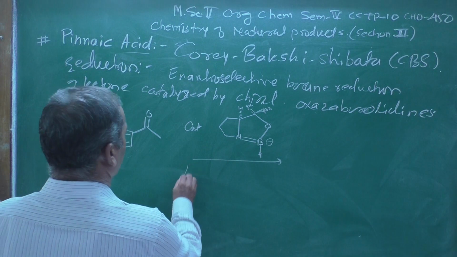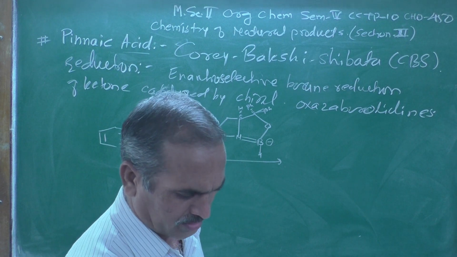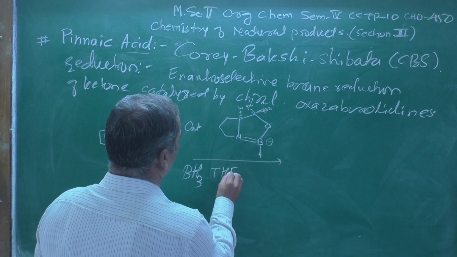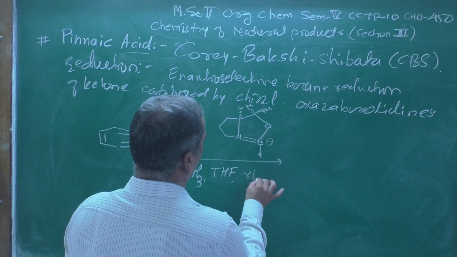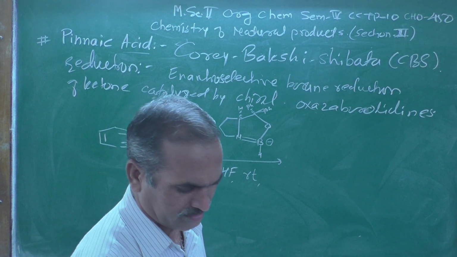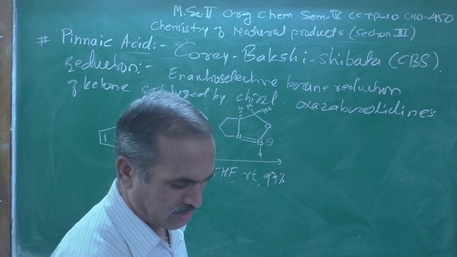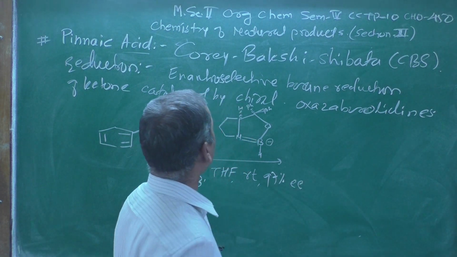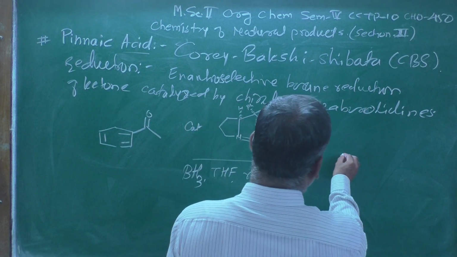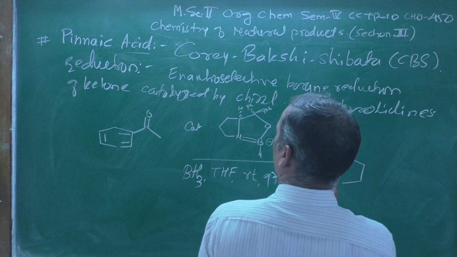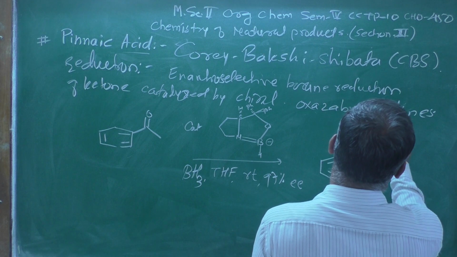Along with that is BH3, the borane, then THF as a solvent, and the reaction is carried out at room temperature, and they got 97% overall yield for this reaction, and the enantiomerically enriched compound was obtained, the compound which we got over here. See here, the C double bond O.